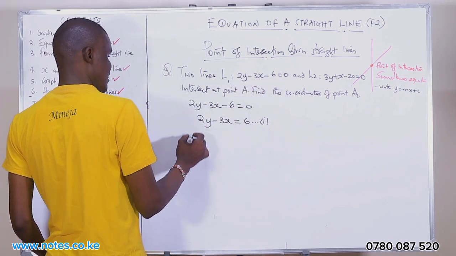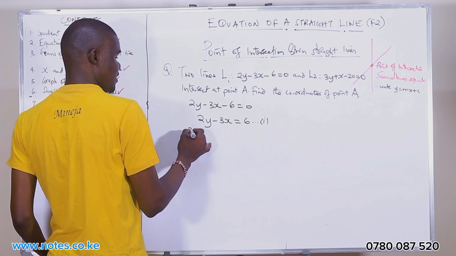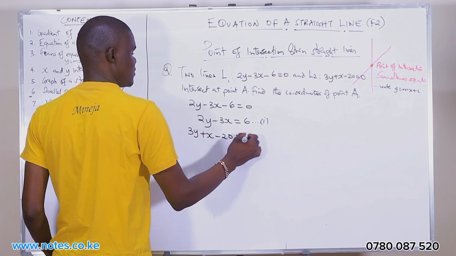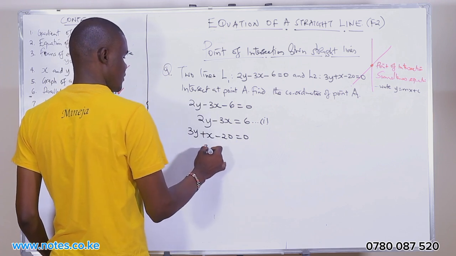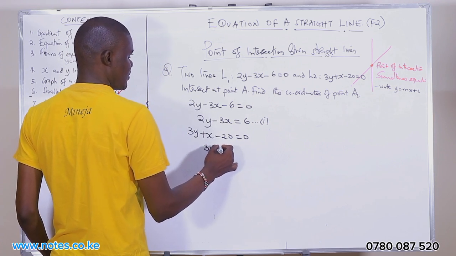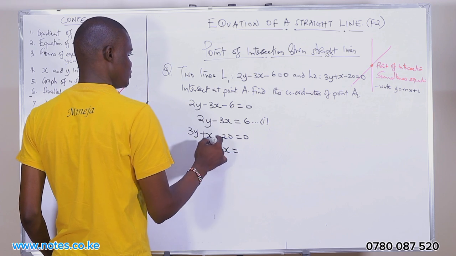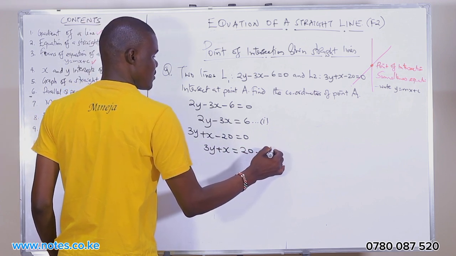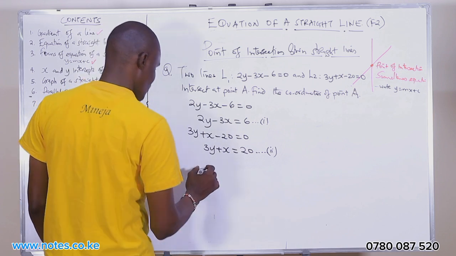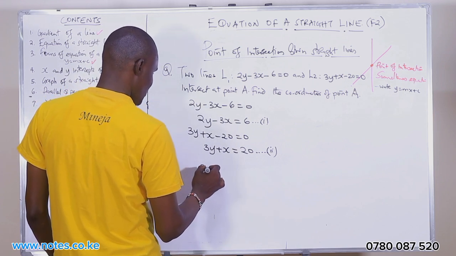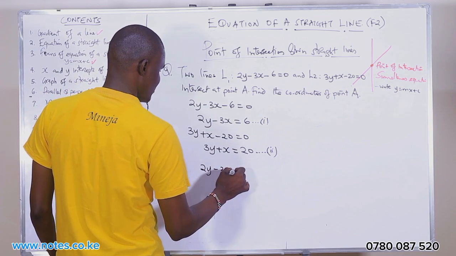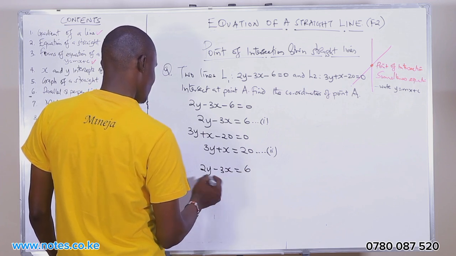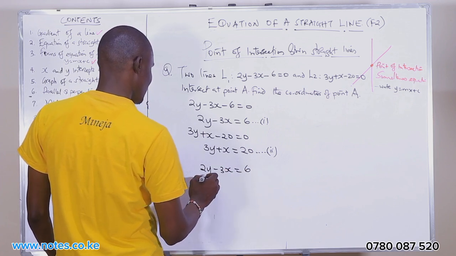The other one is 3y plus x minus 20 is equal to 0, so we form 3y plus x is equal to 20. This is equation 2. Then we solve them simultaneously, depending on what you know. It could be substitution, matrices, or elimination. All of them will lead to the same answer.